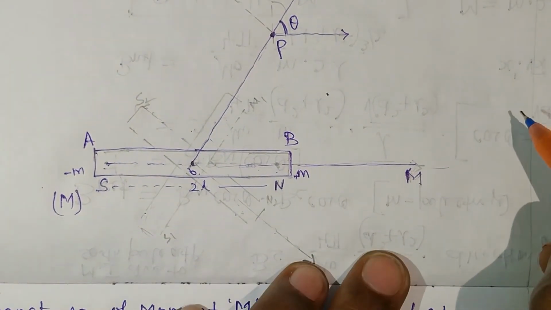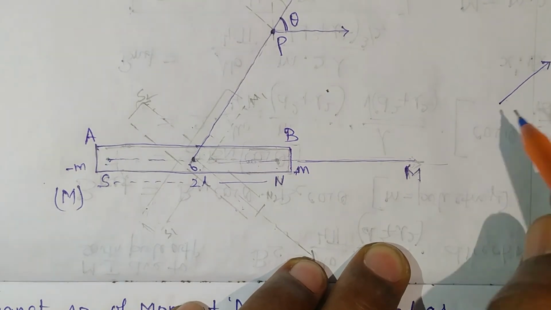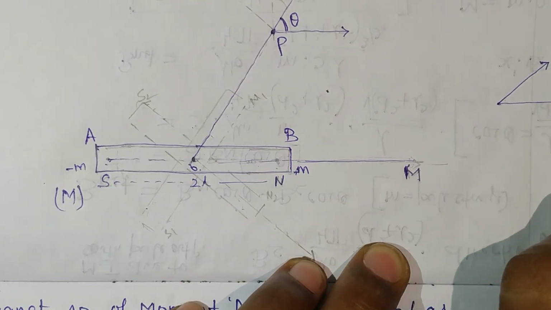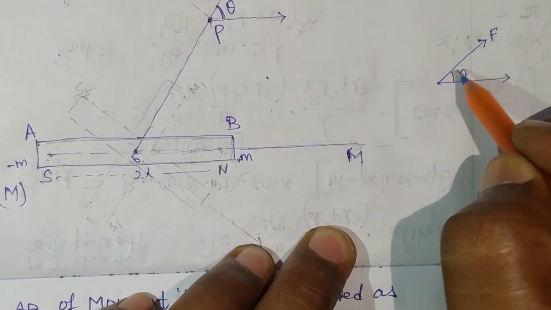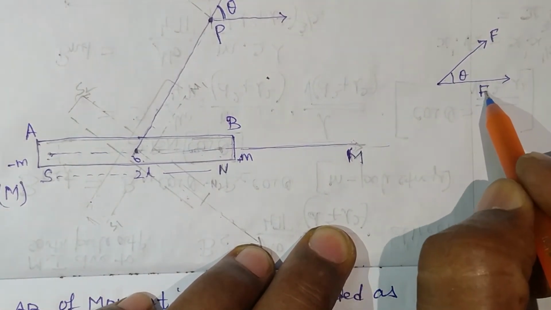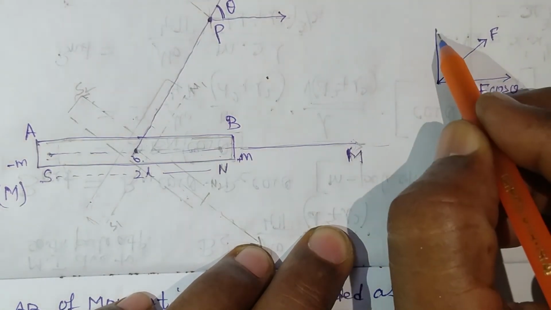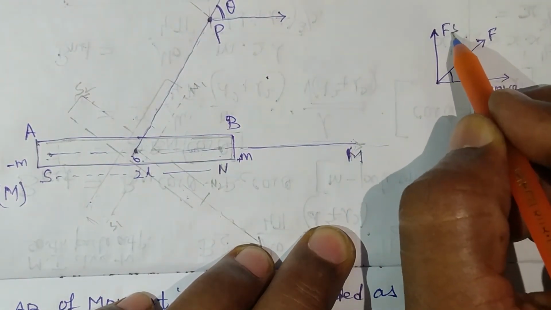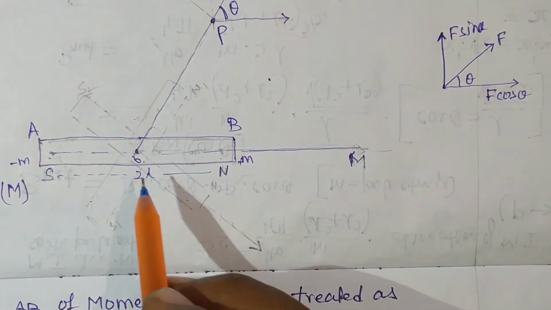In dynamics also we have read, if the force is acting in this direction, making an angle theta with the horizontal, then the horizontal component is F cos theta, and the vertical component is F sin theta.